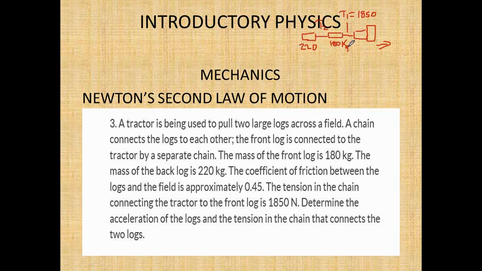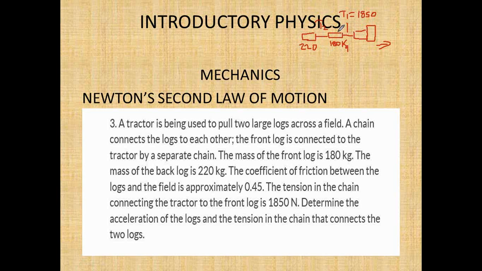First of all, let's just look at the forces acting on the system as a whole. The tension, which is 1850, is the force between the tractor trailer and the log.